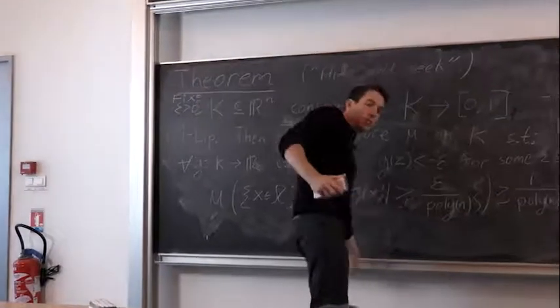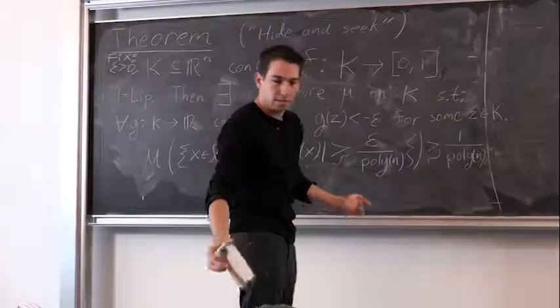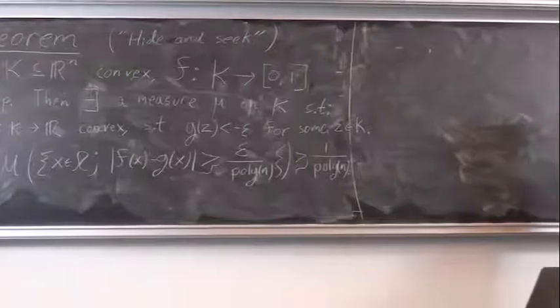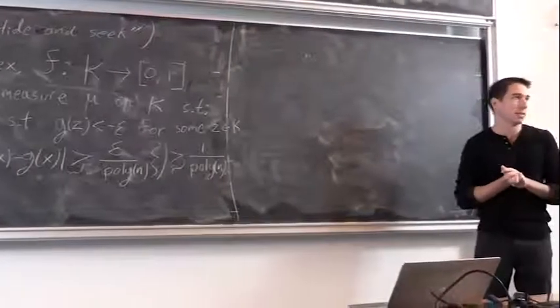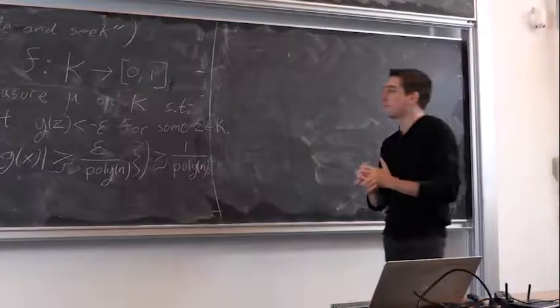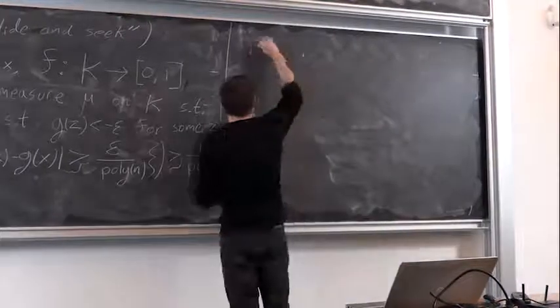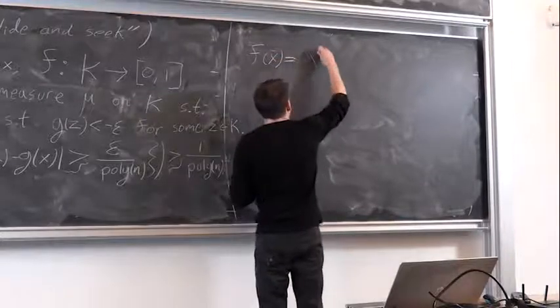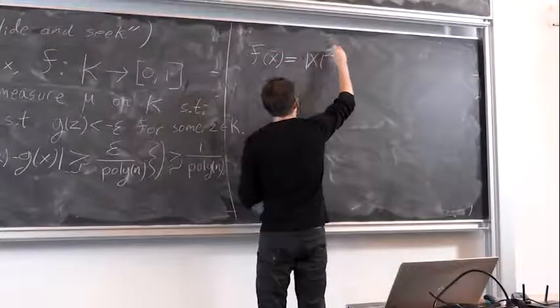So that's one dimension. And now let's try to understand where the difficulties arise when we think about the higher dimensional case. So I want to consider a few examples. And the first example I want to look at is just f of x equal to norm of x squared.